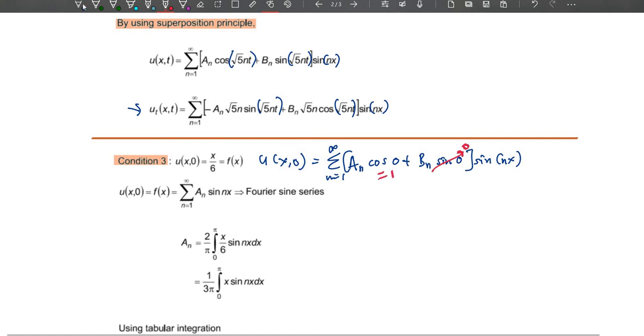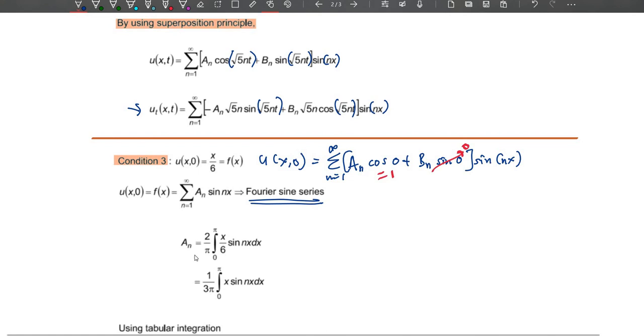That's why here we have a_n sin(nx) only. So from the summation of a_n sin(nx), we can deduce that it's the same as the Fourier sine series. Therefore, we will be applying the Fourier sine series here.